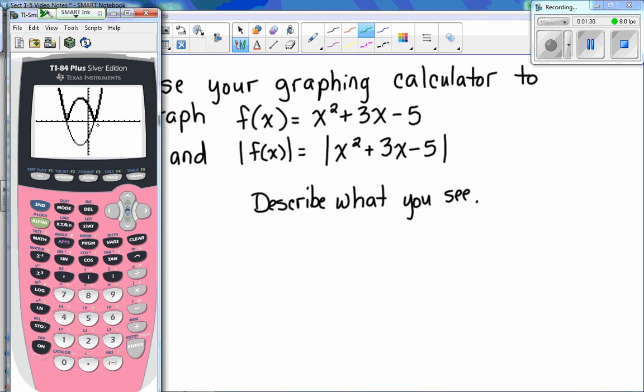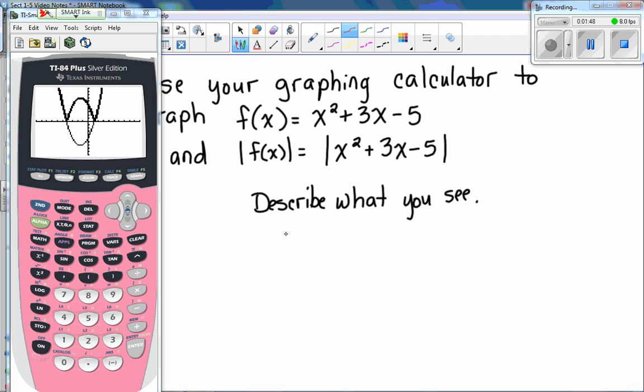Does that make sense? Well, we're taking absolute value. Think about what absolute value does. It takes negative values and makes them positive. So all of the negative f of x values that were below the x-axis were reflected and became positive.